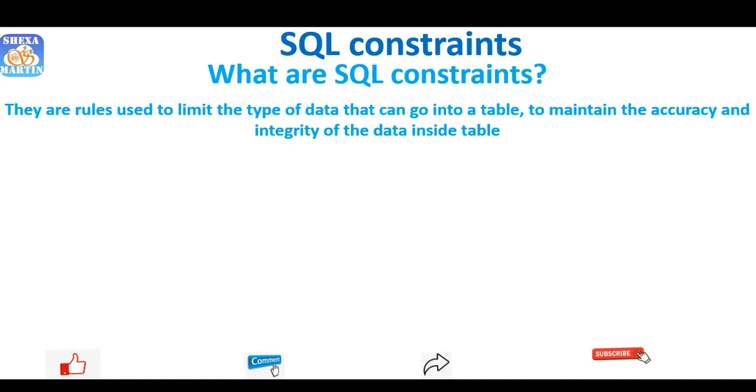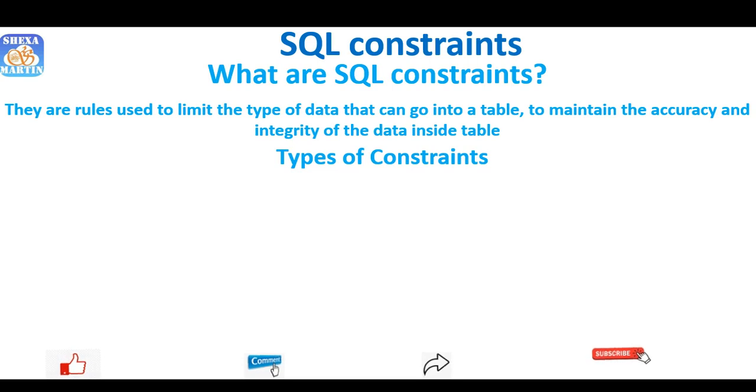So let's now talk about the types of SQL constraints. These SQL constraints govern the data type that is going to be entered for table columns, or any data that is going to be inserted into the table is governed by SQL constraints.